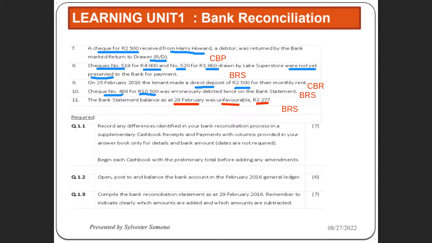They say check 488 of 10,500 was erroneously debited twice. If it was debited twice, how can I rectify it? You divide it by 2 and then you write down 5,250. Like when I record it, how will I record it? Debited twice. Error.